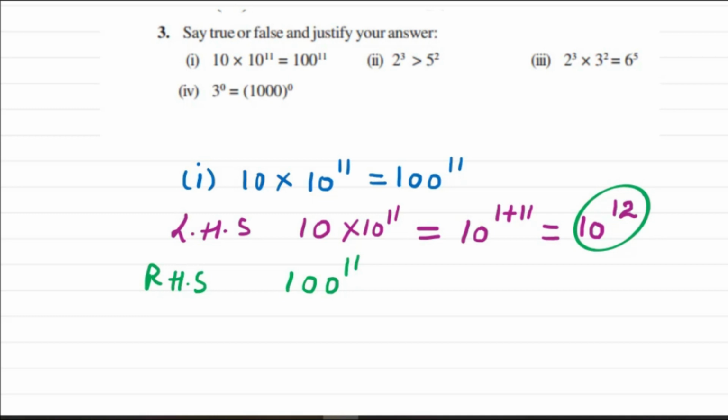But 100 to the power 11 means 2 into 11 zeros, so there will be 1, and after that there will be 22 zeros. But in the left, how many zeros will be there? There will be 12 zeros. So are these equal? No. So the statement is not true. It is false.